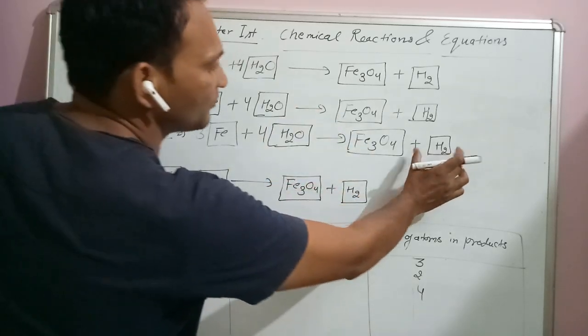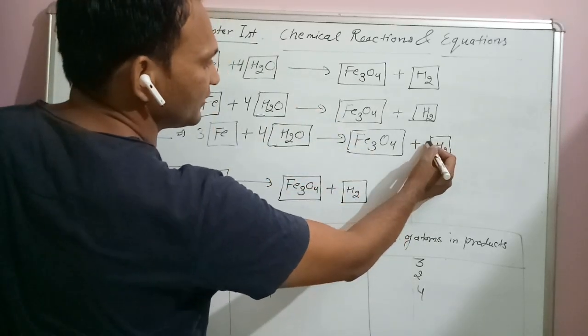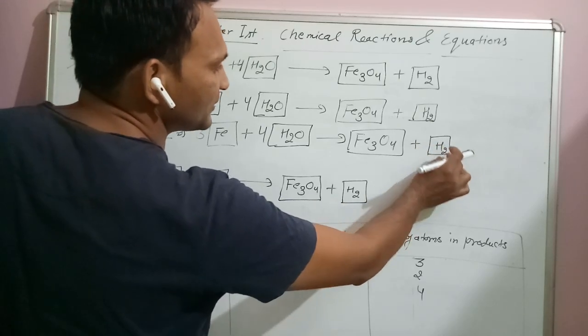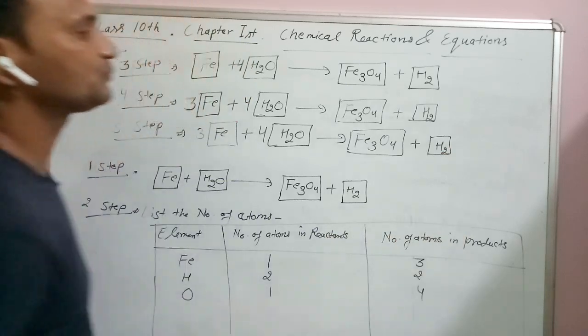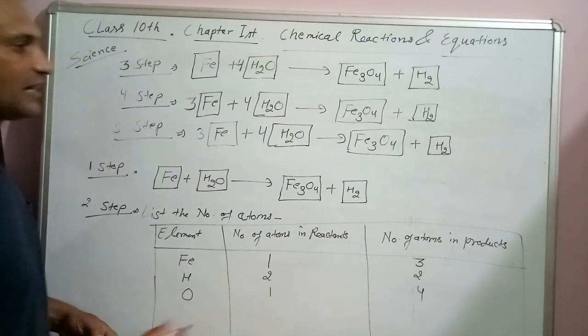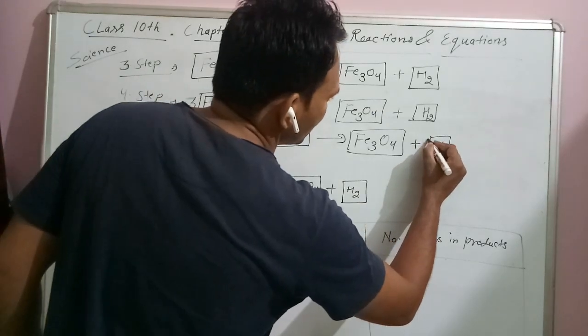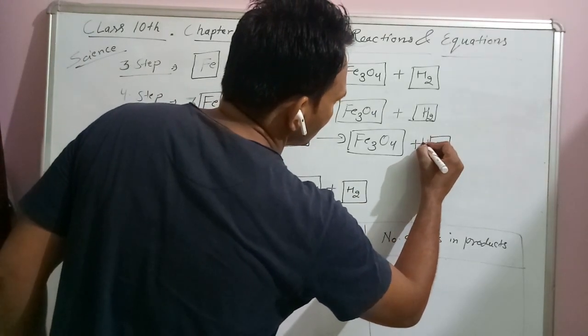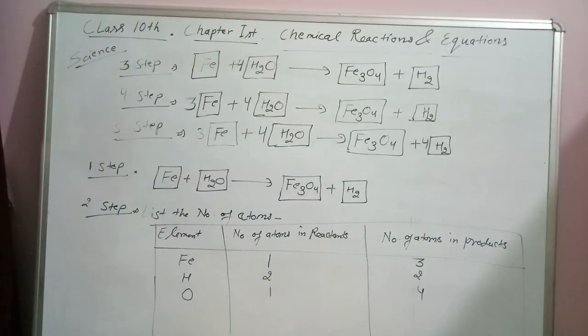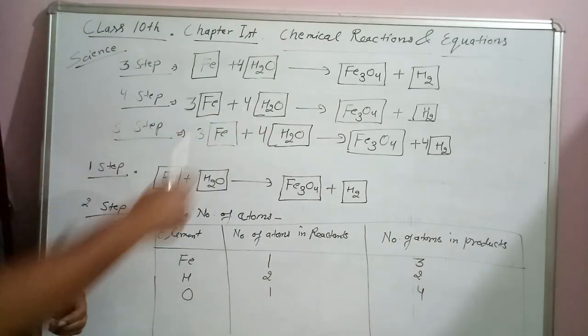It means there are 8 hydrogens present in the reactant. Now check the product. There is nothing before the H2, but there is the 2 after the H. It means there are only 2 hydrogens in the product. Now it can be balanced by writing 4 before the H2 on the product side.